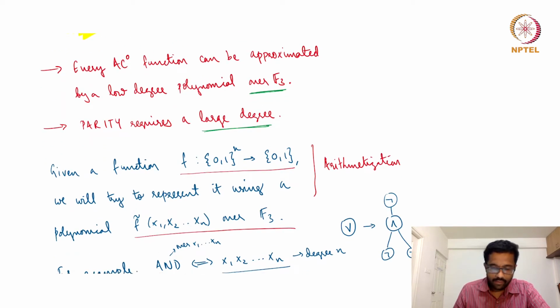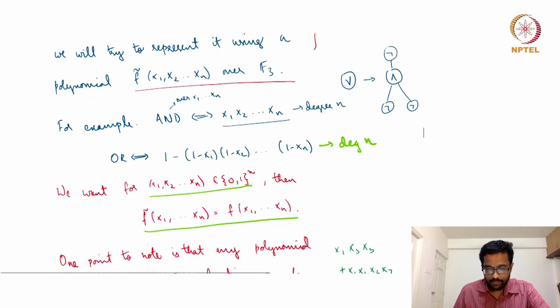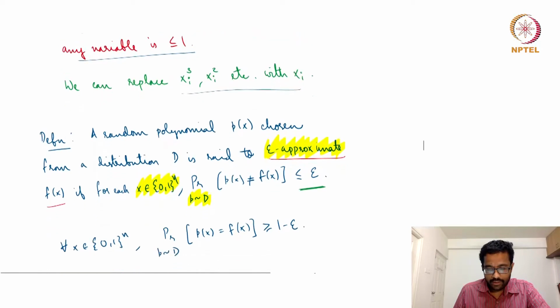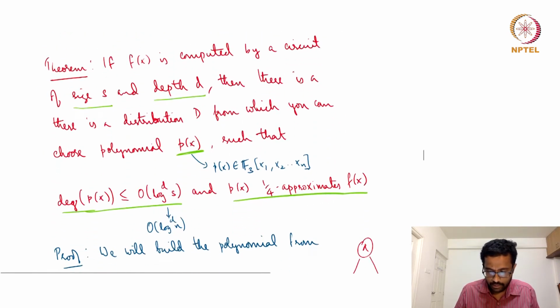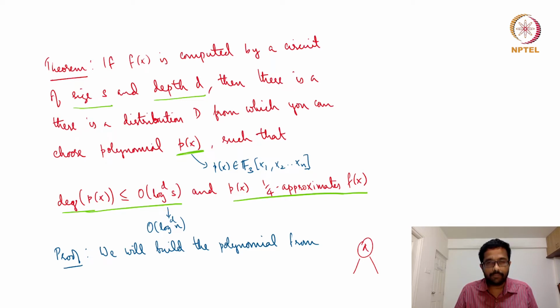And in fact, we showed the first statement and a bit more than that, right? So the first statement was that every AC0 function can be approximated by a low degree polynomial. By low degree, what we meant is, if it is a circuit of size S and depth D, then we could approximate it with a (log S) to the power D degree polynomial, and the error of that is like 1 by 4, okay?